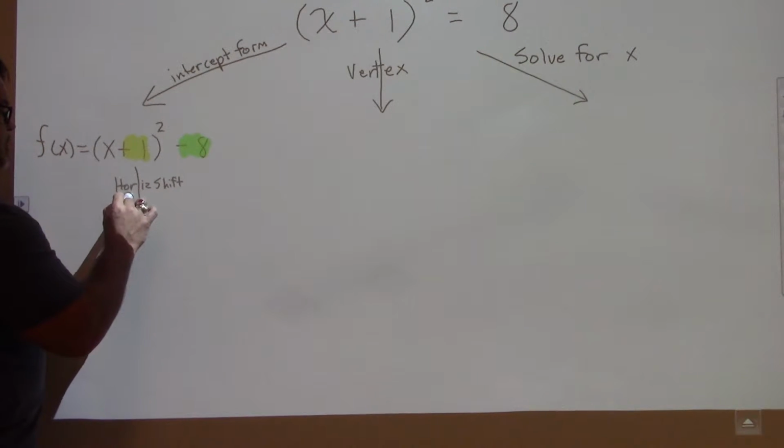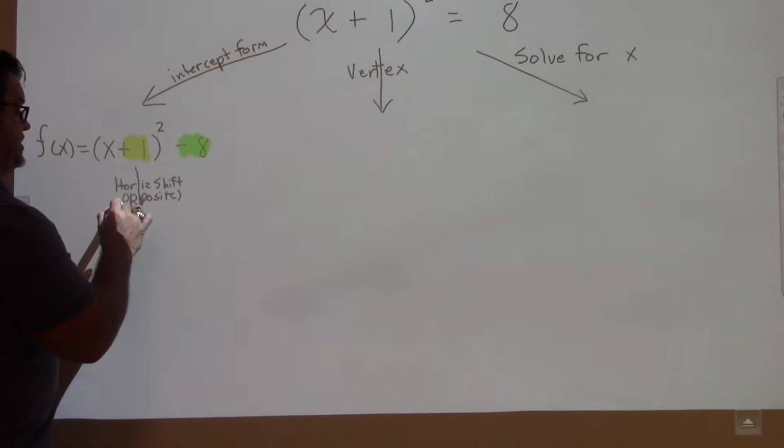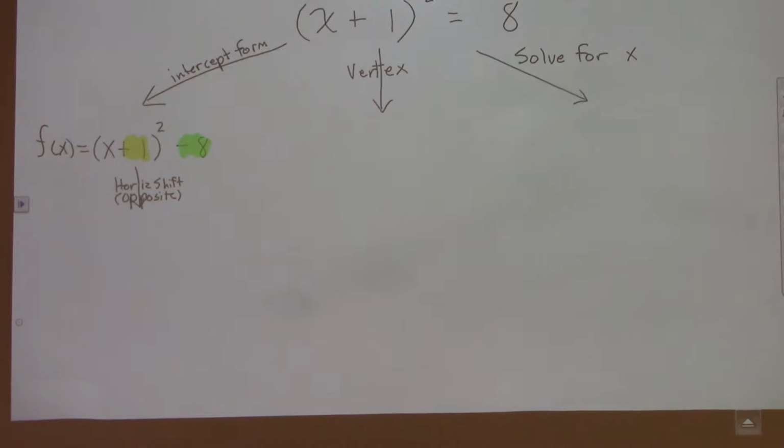Horizontal shift is always the opposite. Now it's easier for me just to say the opposite than it is for me to show you. The actual reason is A minus H, quantity squared, plus K.